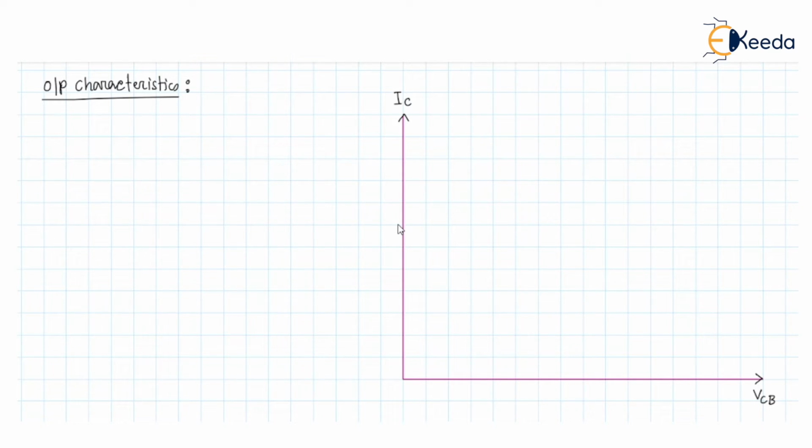So we can say that the IC current will be a function of VCB as well as the input current IE.